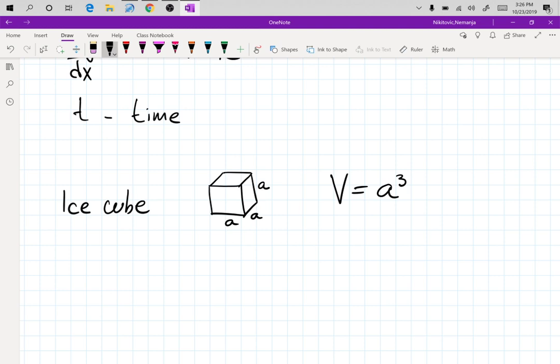Now, as it melts, the ice changes its state from solid ice to liquid water, and then the water flows away, leaving the ice cube smaller and smaller in time. So what happens in time is that the volume of the ice cube is less. Each edge of the ice cube is less. The surface area of the ice cube is less. The diagonal of the ice cube is less.